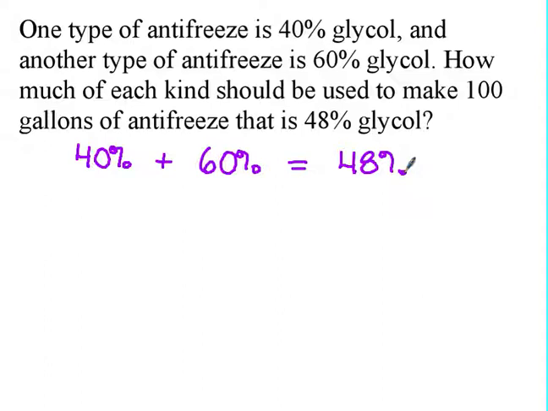So the first thing I'm going to want you to do is go ahead and do the percents and figure those out. The next thing we're going to do is attach amounts to each of the percents. Now, is there any amount that I know that goes with a particular percent? So do I know that like I have 5 gallons in one of these? Or like 10 gallons with one of the percents?